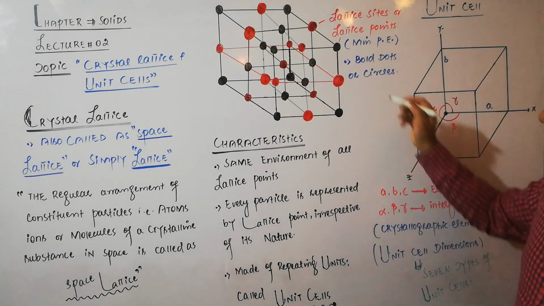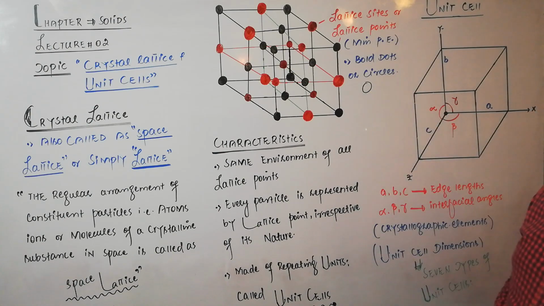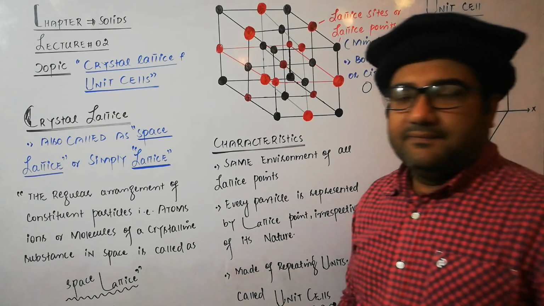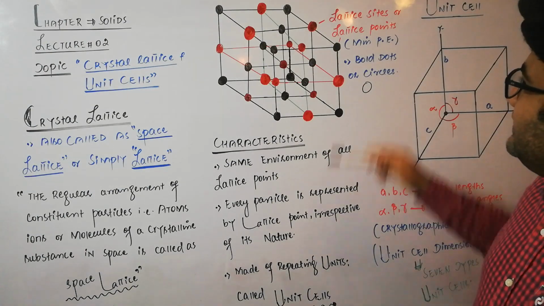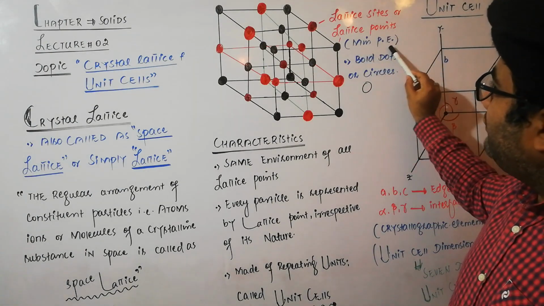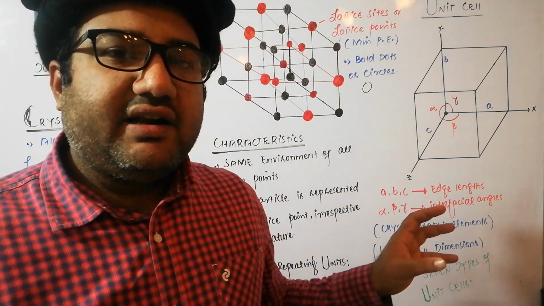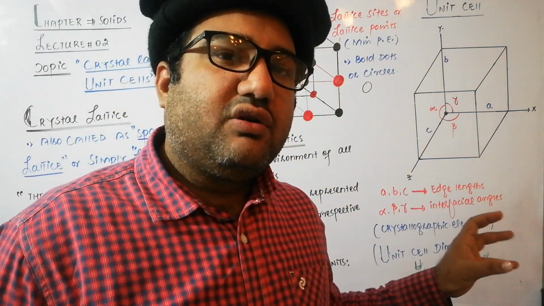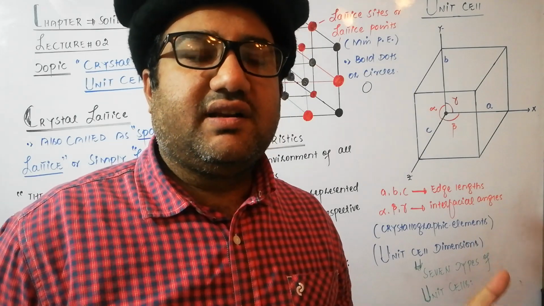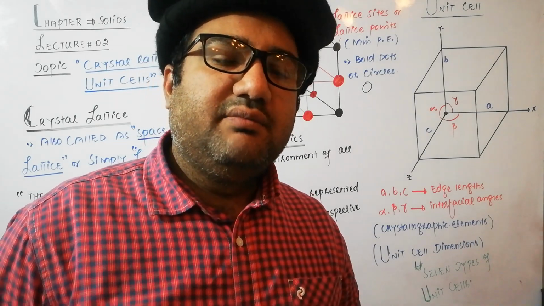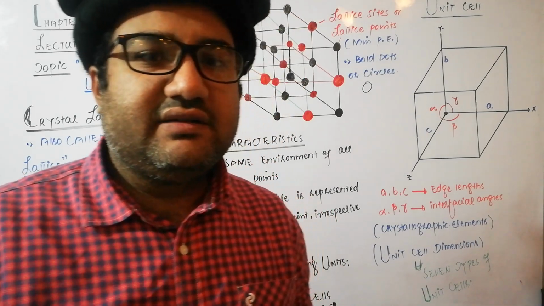These lattice points or lattice sites are the points having the minimum potential energy. That means the atoms, ions or molecules occupy those positions in the crystal lattice where they have the minimum potential energy and maximum stability.